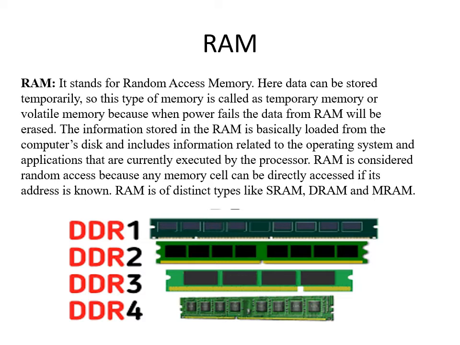These files remain in RAM as long as the computer is on. RAM can accommodate multiple programs and applications simultaneously. There are different types of RAM like SRAM, DRAM, MRAM.